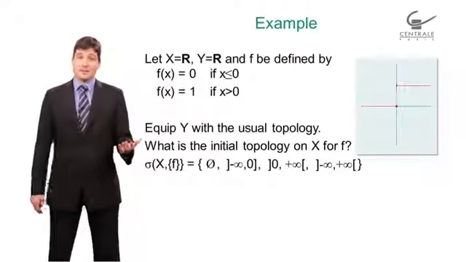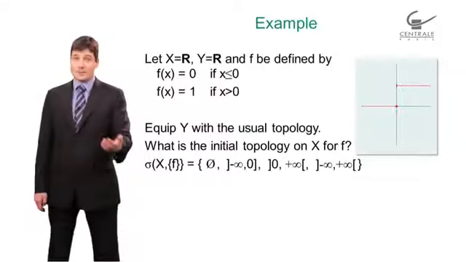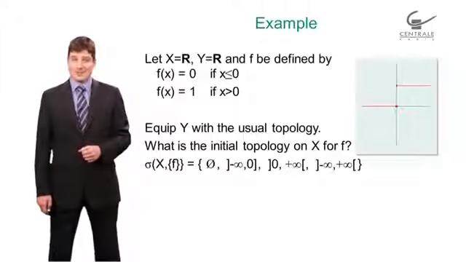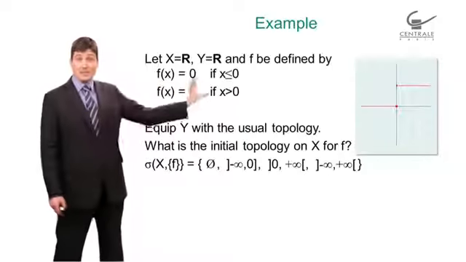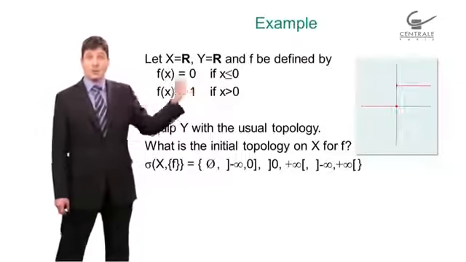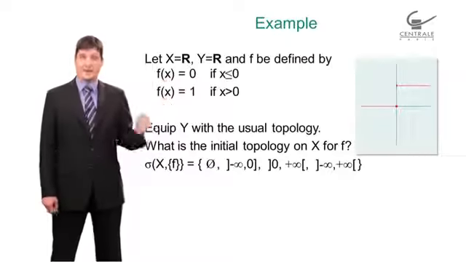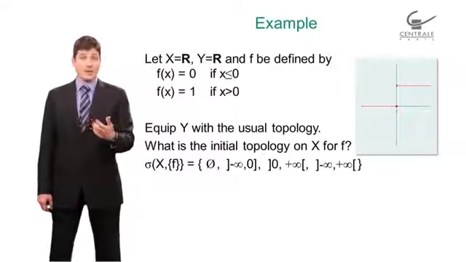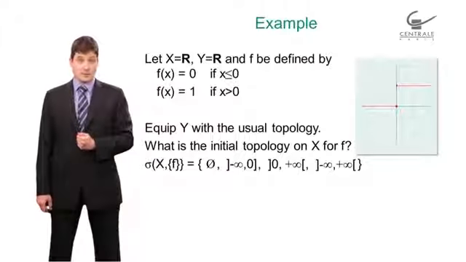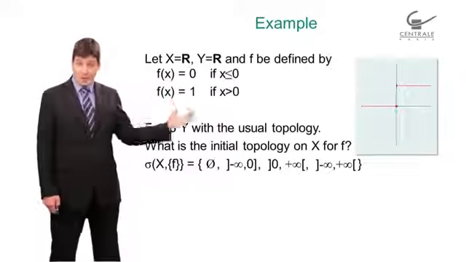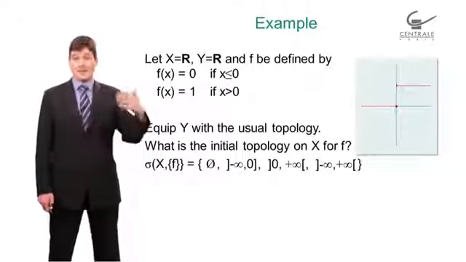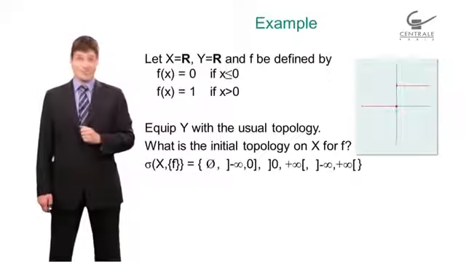What I'm saying here is that I meet all the requirements to have a topology. And obviously, I cannot remove any of these sets, otherwise it would not be a topology. So what I have is the coarsest topology that will make f continuous. This is the initial topology on X that will render f continuous.